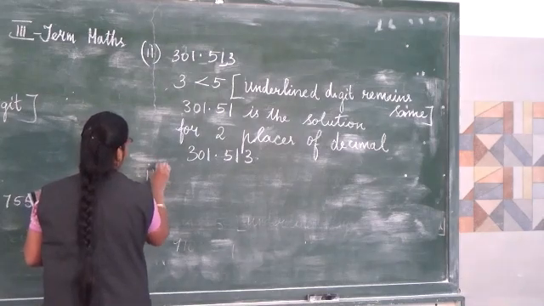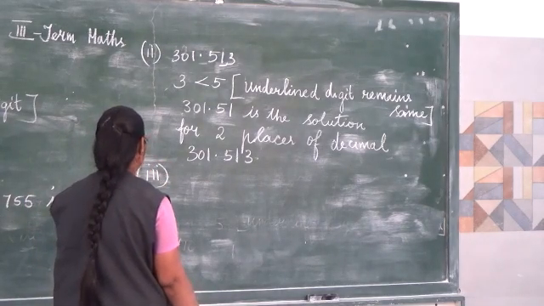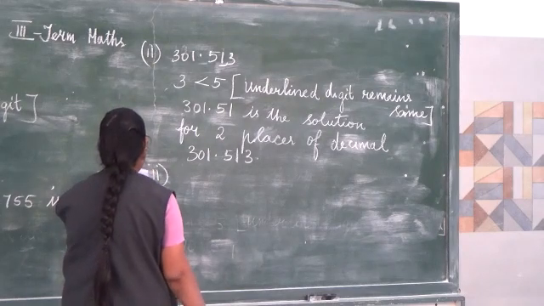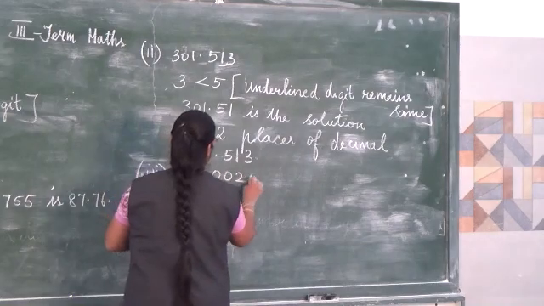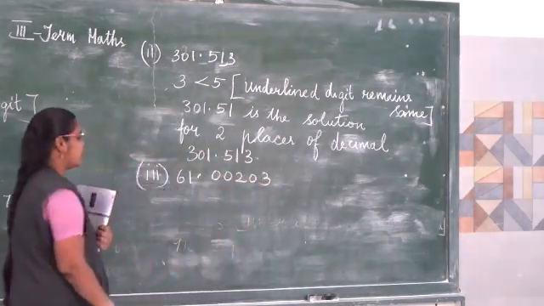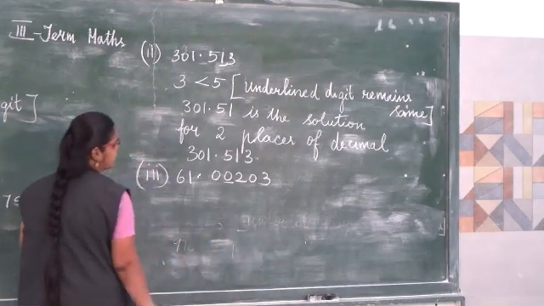So third one, 61.00203. Here the 100th place is 0.